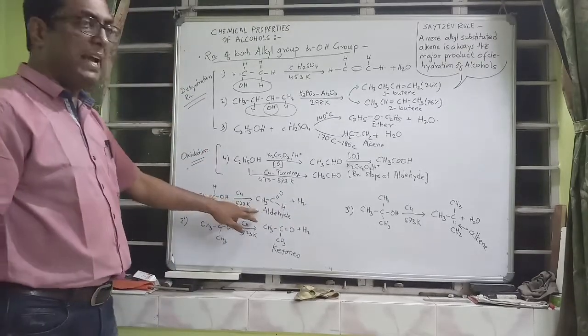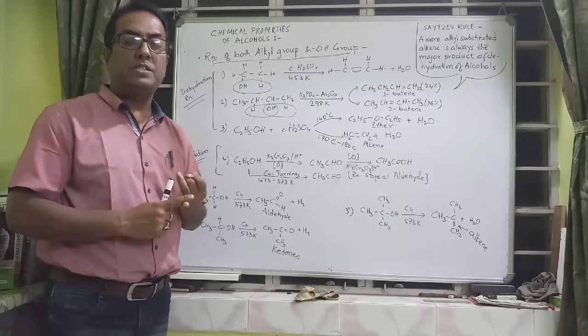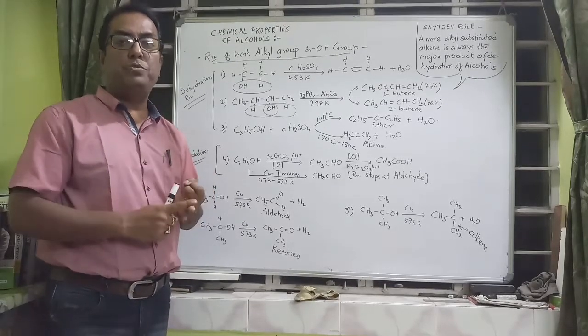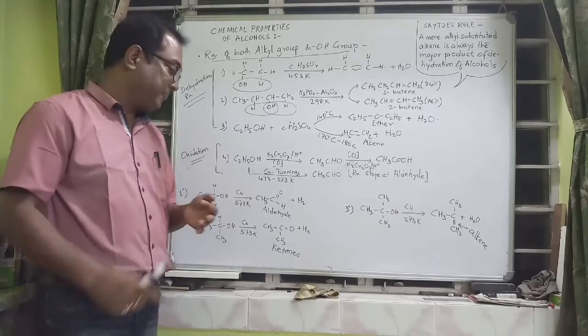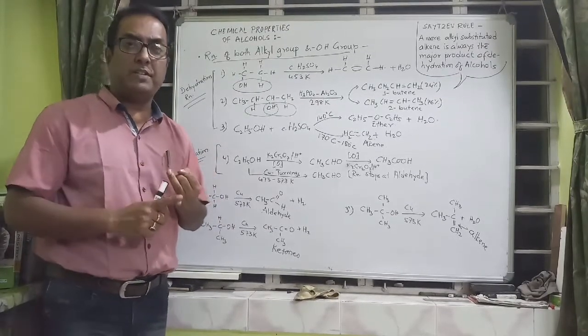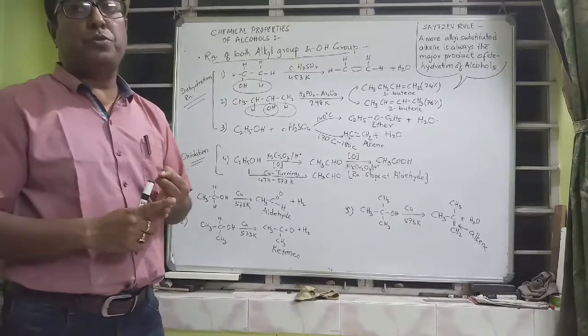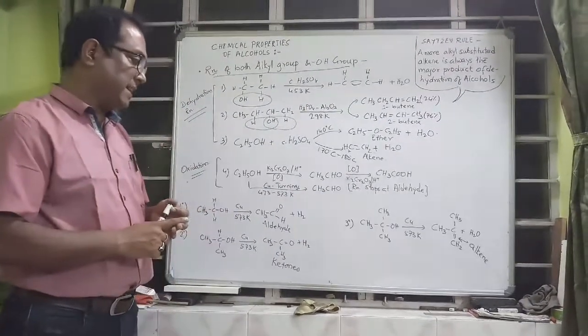Why? Because aldehyde is going to show you a positive Schiff's reagent test. It is going to show you Tollens reagent and Fehling's test. While ketones will not show the reaction with Schiff's reagent, will not show the Tollens reaction and will not show Fehling's test.